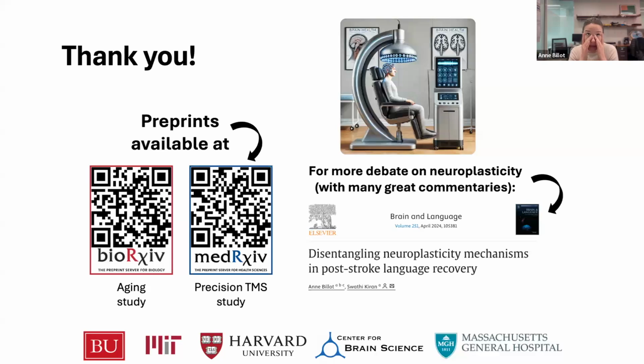Yeah, I think I've looked at the direct correlation. I have to go back, but I think it was correlated. I don't want to say anything incorrect, but I do think it might be related partially to the decline in executive functions, and that's why we see this decline in activity as well.